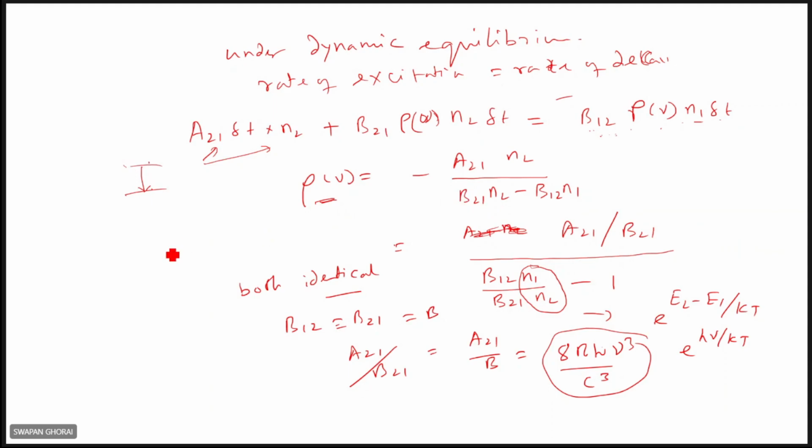And we also know Planck's relation, rho nu equal to 8 pi h nu cubed by c cubed into 1 by e to the power h nu by kT minus 1, where h nu is E2 minus E1. So these two are identical. If we consider these two, what will we get?